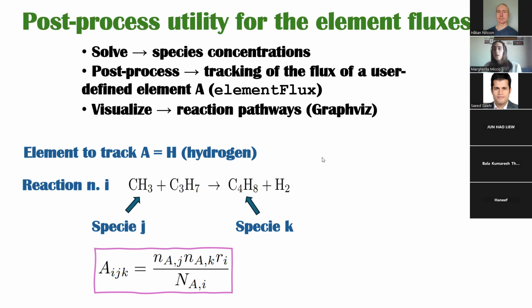So in this case, it will be 10 because H3 plus H7 is 10 atoms of hydrogen.